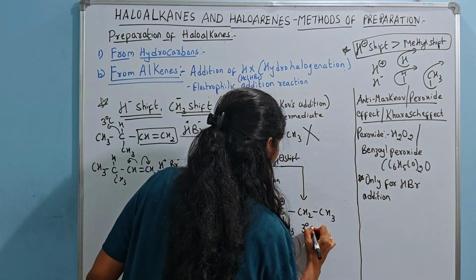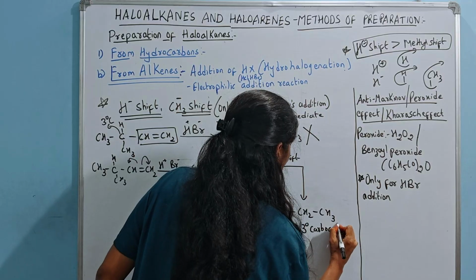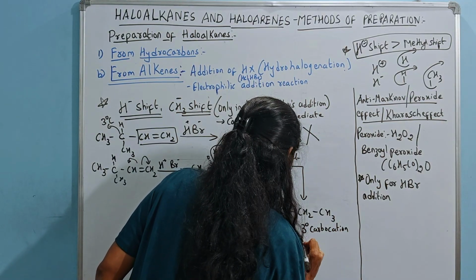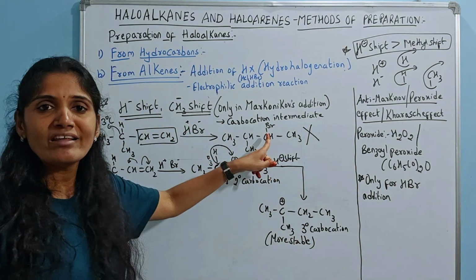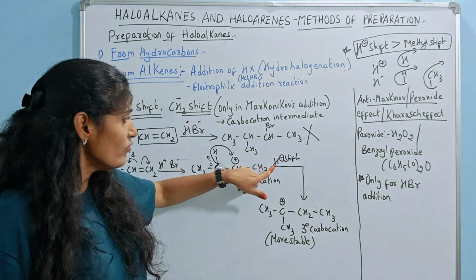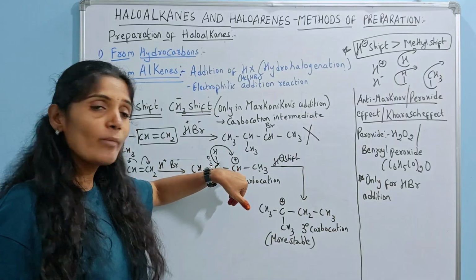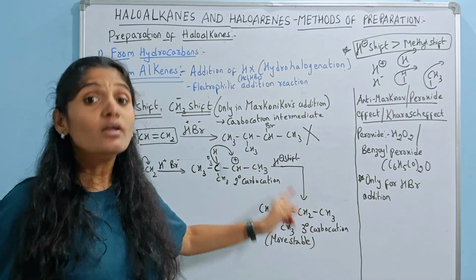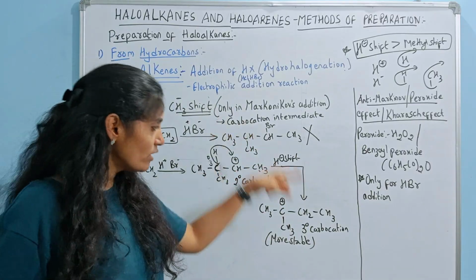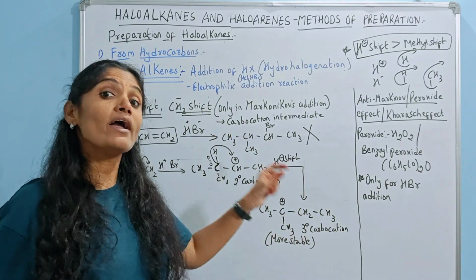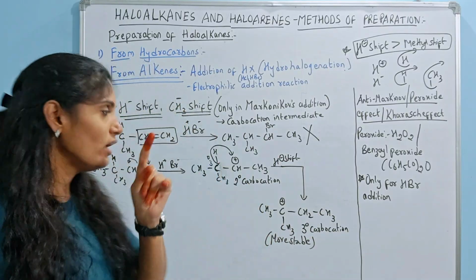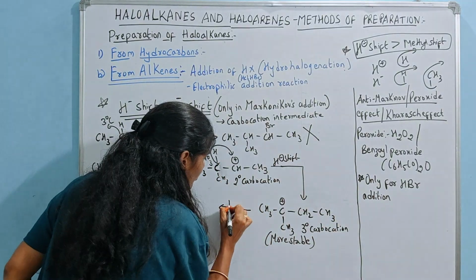This is my tertiary carbocation, which is more stable than the secondary carbocation. Now you understood why this answer was wrong. If you had done the addition of Br minus onto this carbon directly, then your answer is wrong, because I had a possibility of getting a more stable carbocation, so I should use that possibility to get a stable carbocation intermediate.